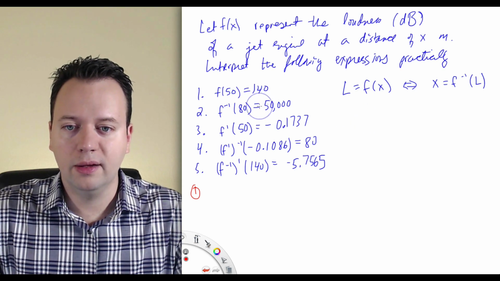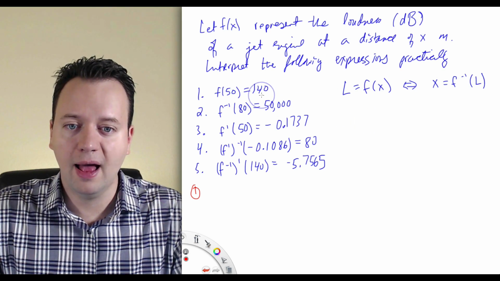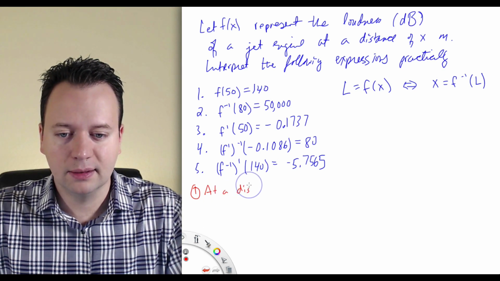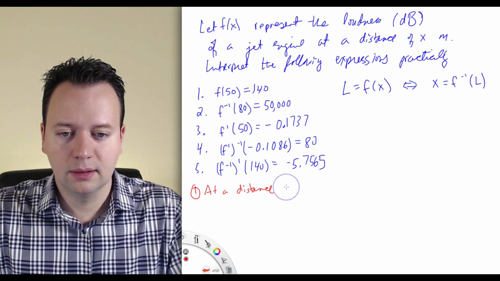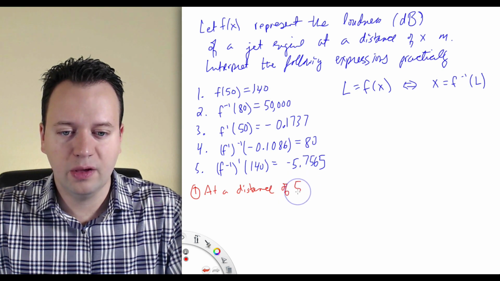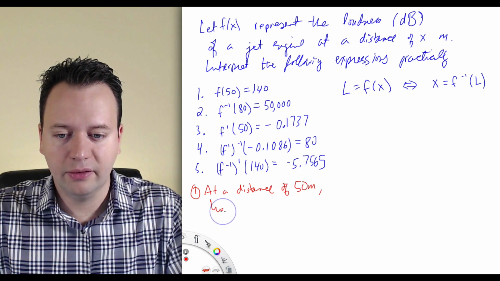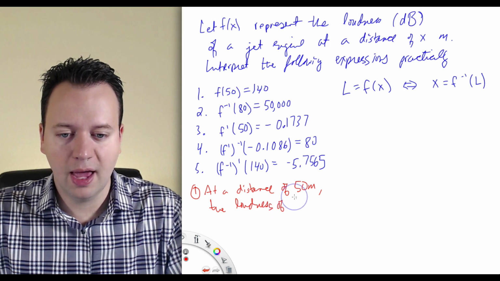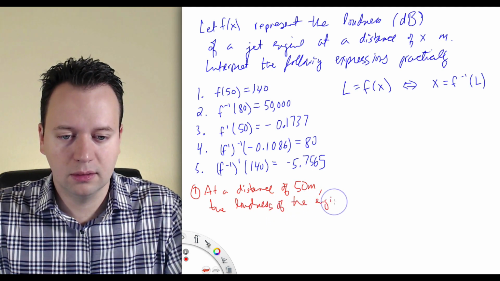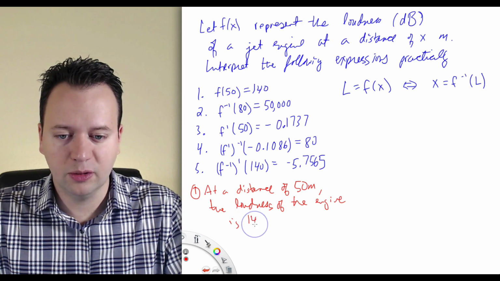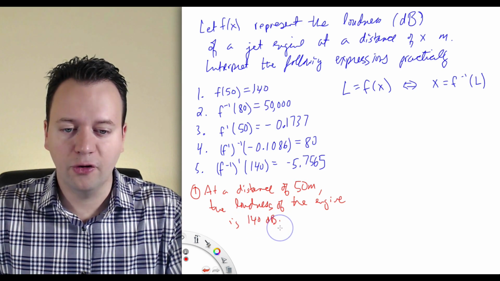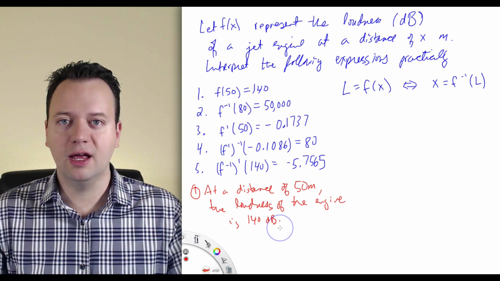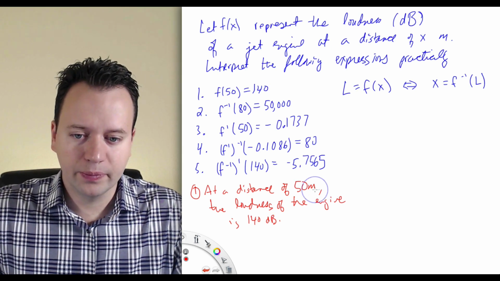So number 1, x is 50, and L is 140. So number 1 says, at a distance of 50 meters, the loudness of the engine is 140 decibels. Or if you're 50 meters away, the loudness of the engine will be 140 decibels.